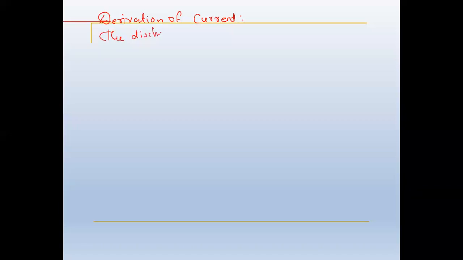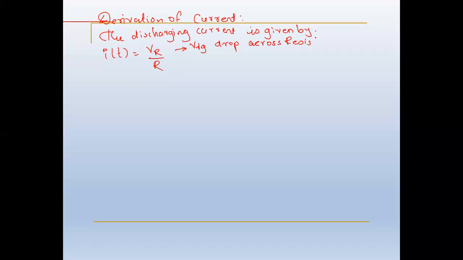The discharging current is given by I of t is equal to VR by R. What is VR? It is the voltage drop across the resistor.